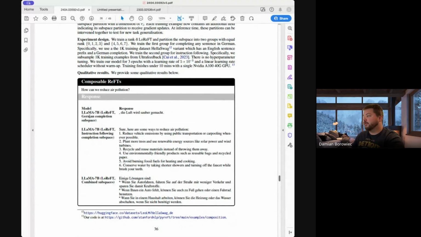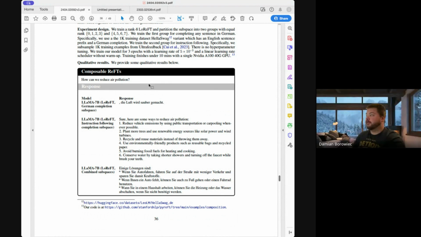So this would be like the German completion subspace that they had fine-tuned the LoReFT for, and then they had the instruction following in English, and they can obtain a combined subspace that basically does instruction following but in German, which is quite cool.